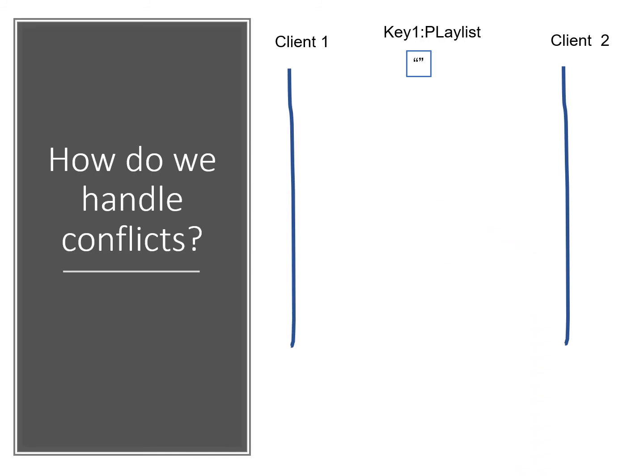So with this kind of mechanism, how do we handle conflicts? Well, let's look at an example again using our good old playlist. Client 1 writes a new value to the playlist, good old Angie. Client 2 reads the current value of the playlist and starts playing Angie, and client 1 does the same, reads the current value and starts looking at what else to add to the playlist.